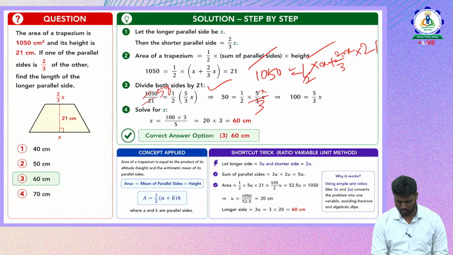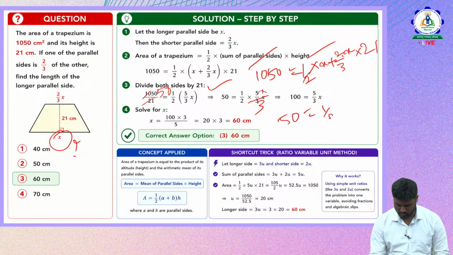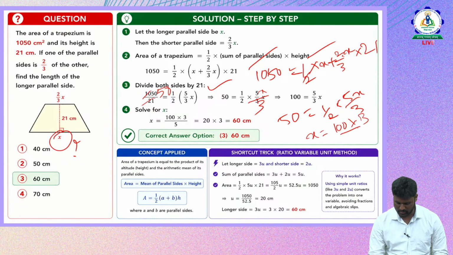Now we should identify the x value, so solve for x. We have 50 equal to 1 by 2 into 5x by 3, that is 5 by 3 into x. If we multiply, x is equal to 100 into 3 by 5.